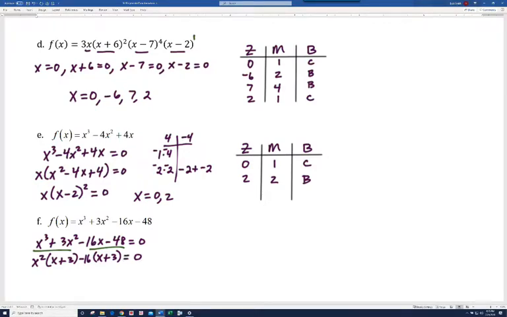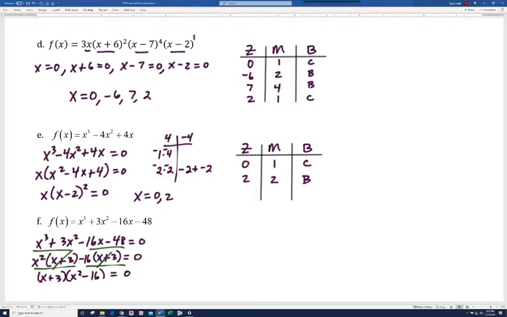And so we can now look at each of the terms, and our common factor is x + 3. If you factor out those x + 3's, you can see what's left is x squared - 16.